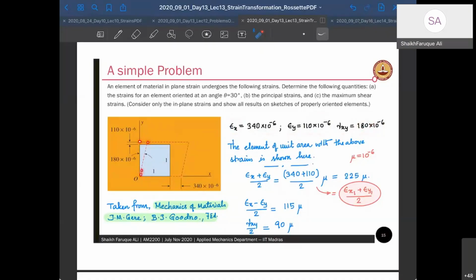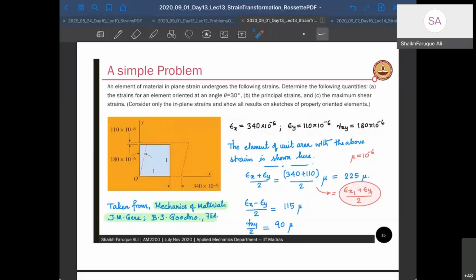You draw a line here like this, which is elongated by a small amount. Then draw a parallel line to this, and then you have this line already. The length of this and this should be the same, and then join them. So this is the deformed element in the xy plane.